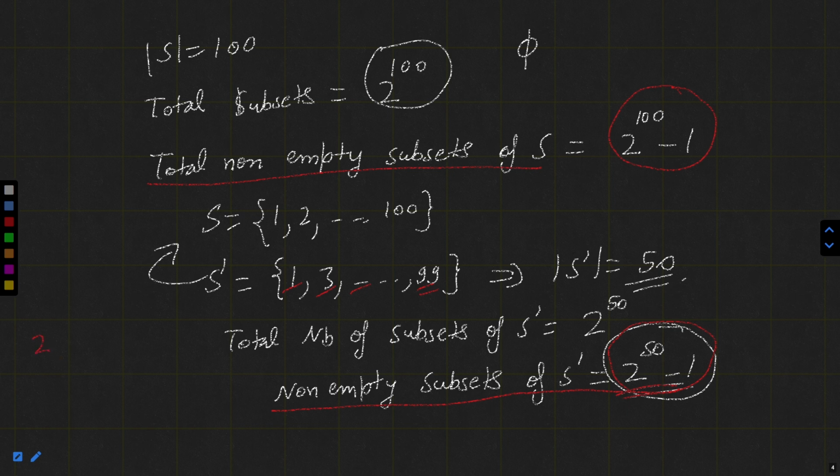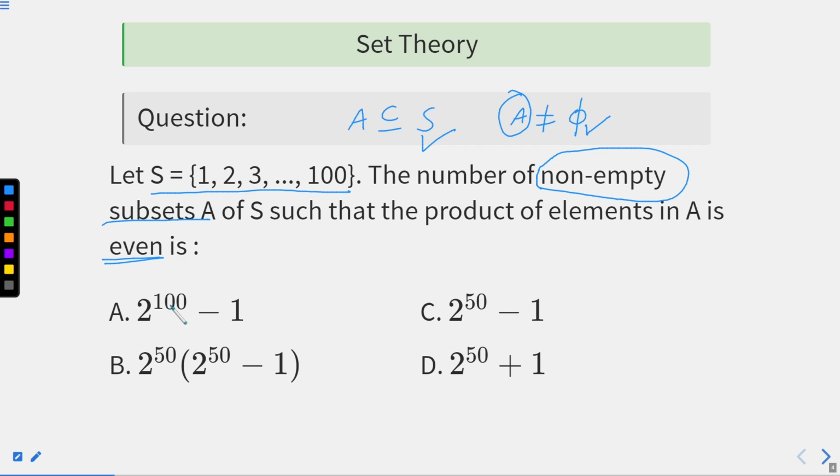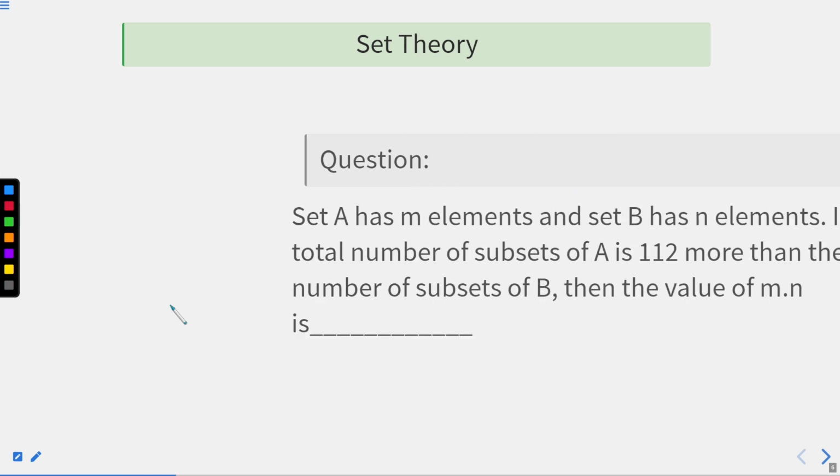So my answer will be 2 raised to the power 100 minus 1 minus 2 raised to the 50 minus 1. So the final answer will look like 2 power 100 minus 2 power 50. Okay, understood. So it is a quite challenging problem. Let's move on to the next question.